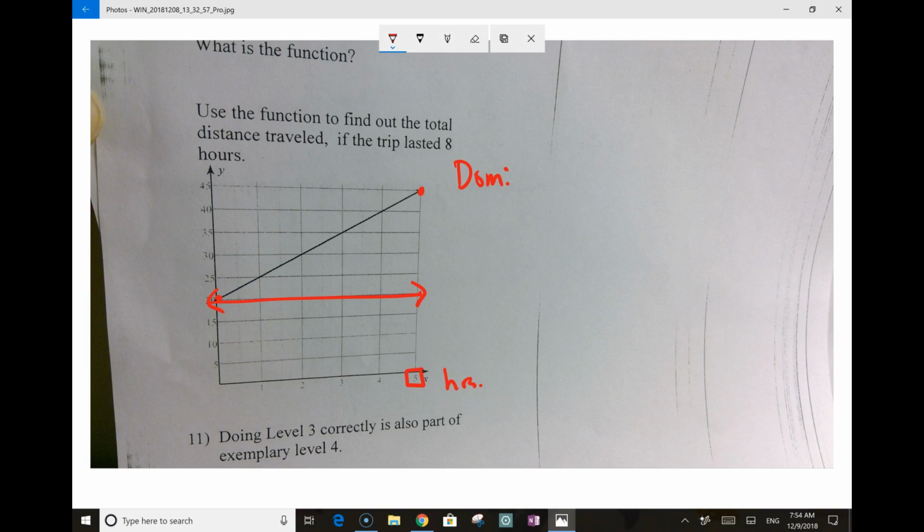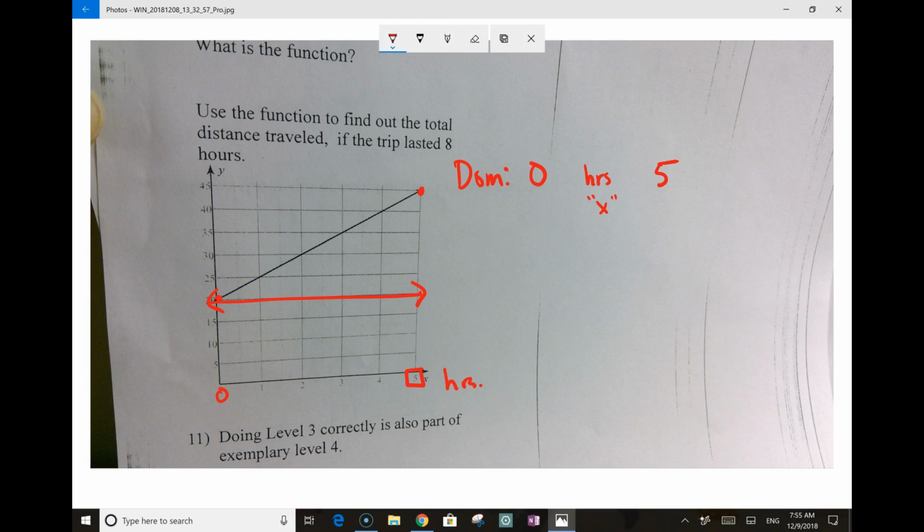At its starting point, the number of hours is 0. So my domain is going to be 0, and then it's going to go all the way up to the number 5. What you put in the middle can be either hours, since this is the idea of the domain, or you could represent it by just putting x, which is the name of the axis it's on.